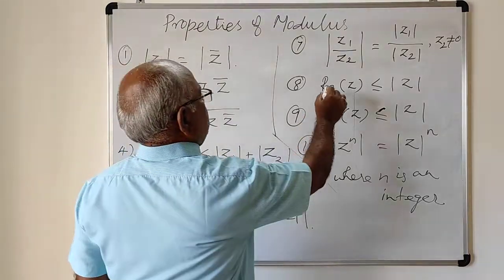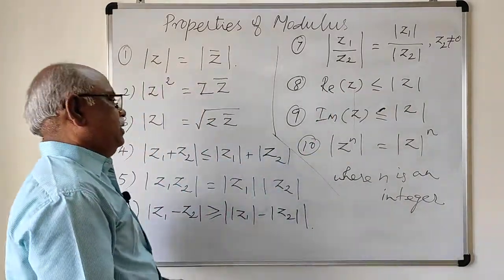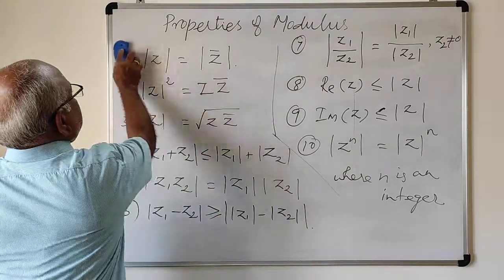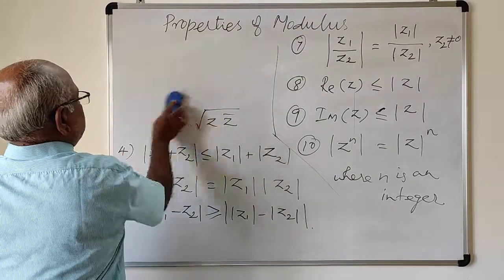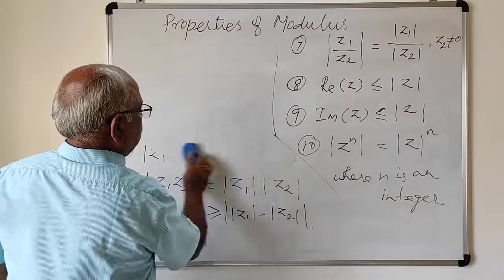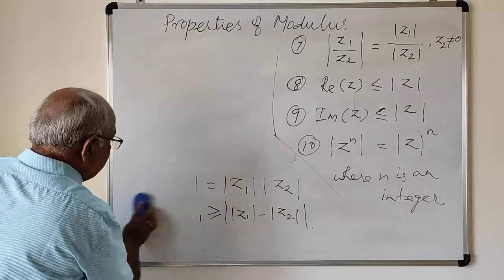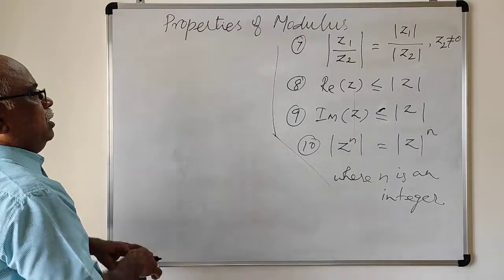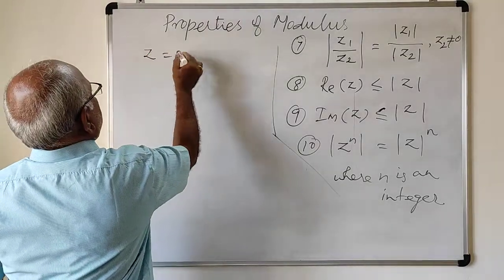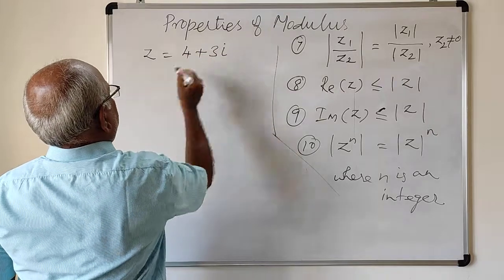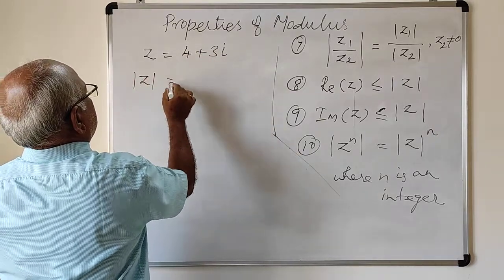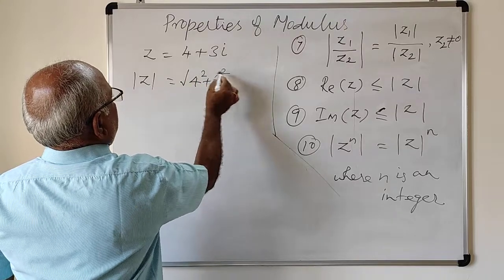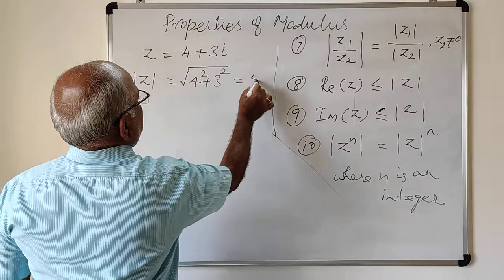And how we get the real part result, we will see. From an example only, I will explain the eighth property. Suppose you consider the complex number 4 plus 3i. Mod of it is root of 4 square plus 3 square, that is 16 plus 9, 25, that is 5.